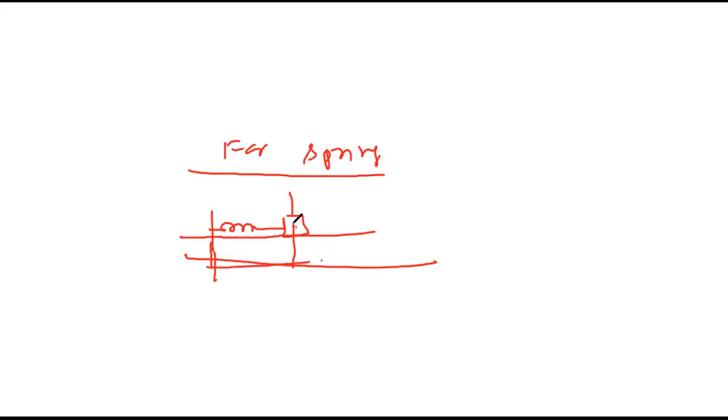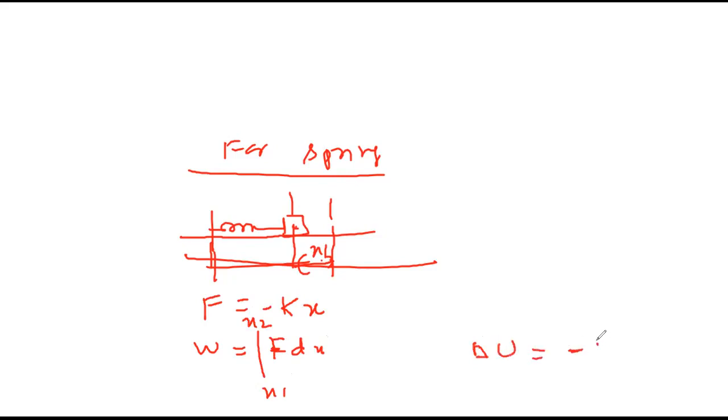If we stretch it by distance x1, then the restoring force will be minus kx at any distance. The work done will be minus f dx from x1 to x2. Then we will be using the concept that change in energy is equal to minus of the conservative force's work.